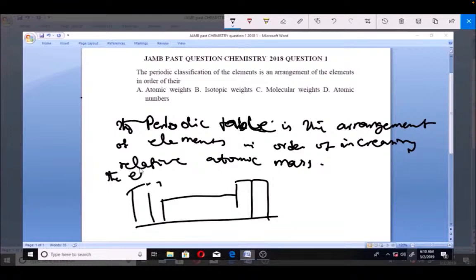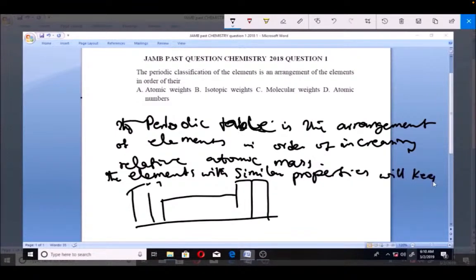In this periodic table, the elements with similar properties will always keep on recurring at regular intervals.